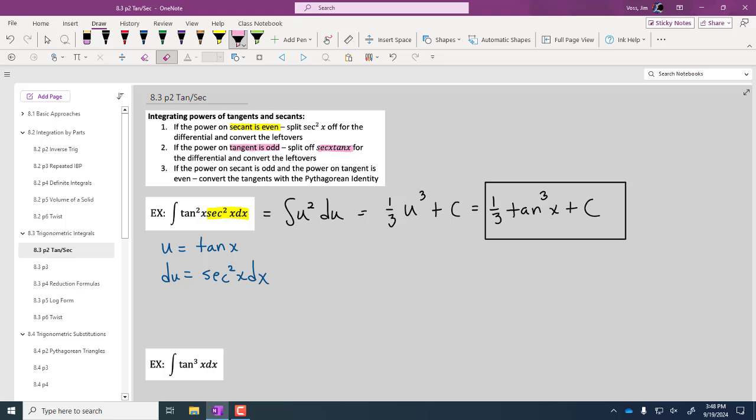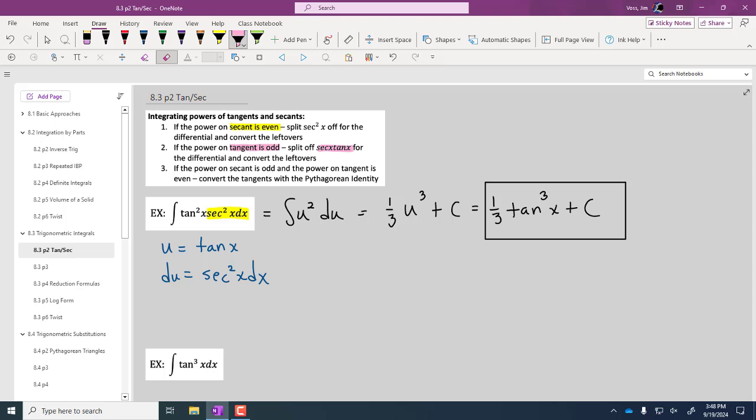Let's look at the second one here. So if tangent is odd, so we did secant even. If tangent is odd, we're going to pull off a sectan. And what would we let u equal then? Secant, because the derivative of secant is sectan.